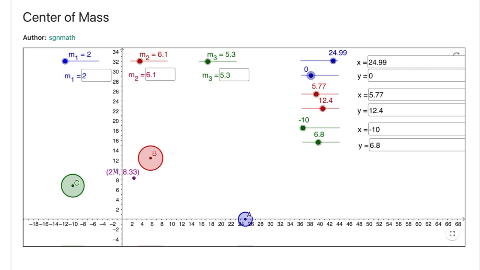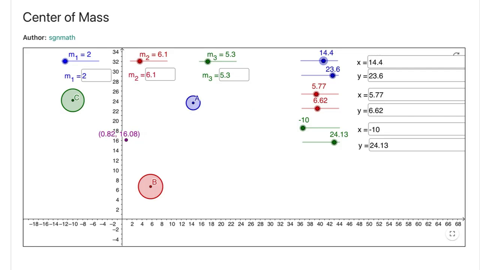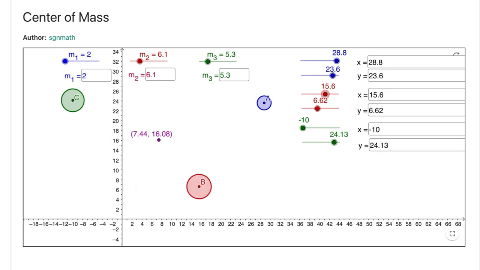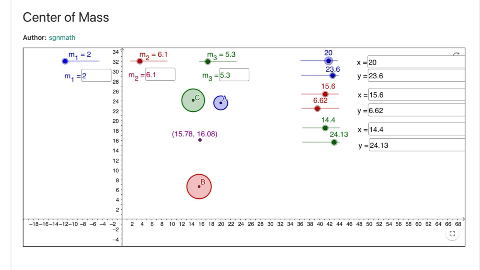In fact, we can line all of the particles up in a straight horizontal line, and x bar is still 2.4. If y bar is 16.08, we can move the x-coordinate of the particles to the left and to the right, and y bar is still 16.08. In fact, if we line them all up on a straight vertical line, y bar is still 16.08.